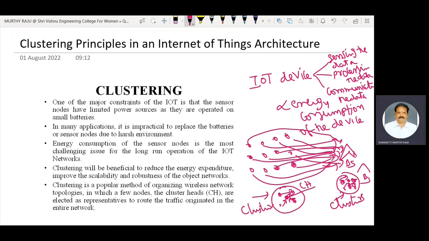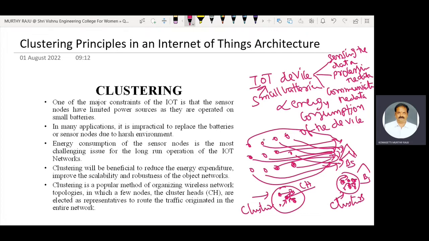One of the major constraints of IoT is that sensor nodes have limited power sources, as they are operated on small batteries. In many applications, it is impractical to replace the batteries of sensor nodes due to a harsh environment.